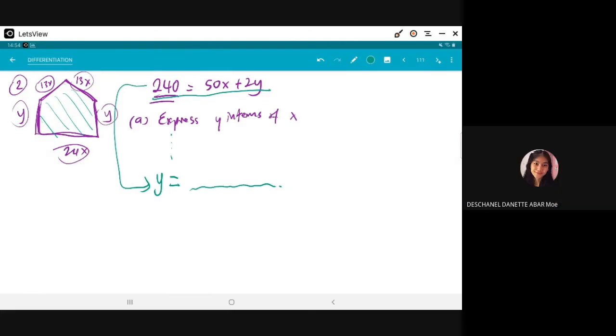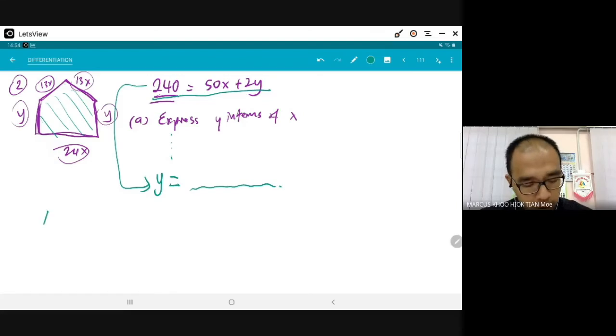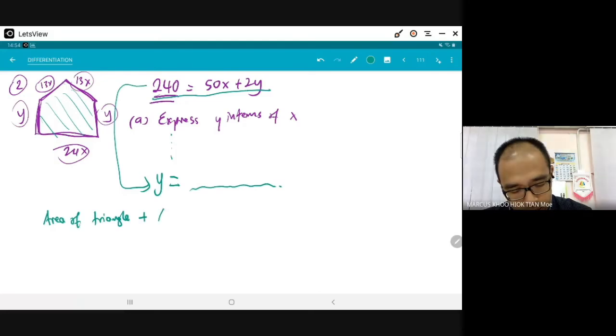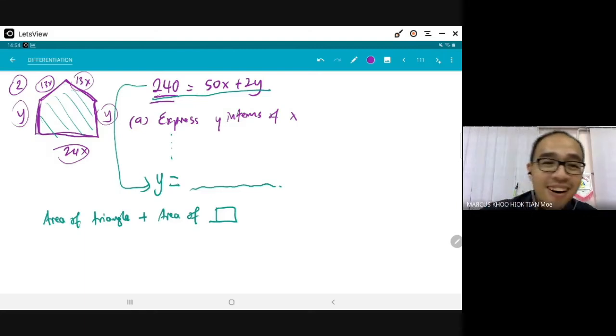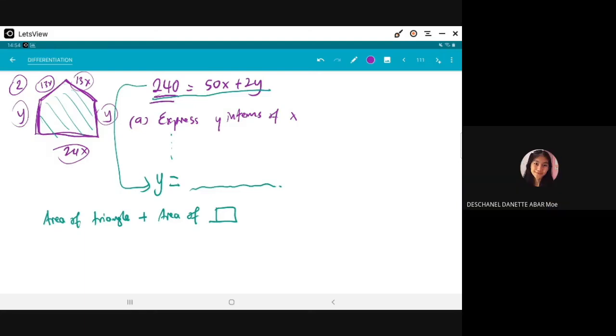Area of triangle di atas tambah dengan area of rectangle. Okay, very good. So the area of triangle plus the area of the rectangle. Can you tell me what's the area of triangle? It's very interesting. Wow. 24x minus y times 24x times 1/2.